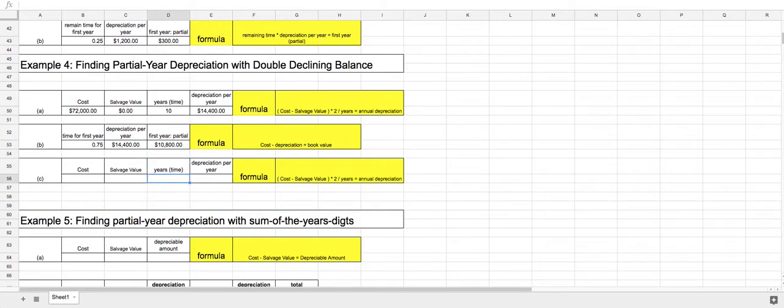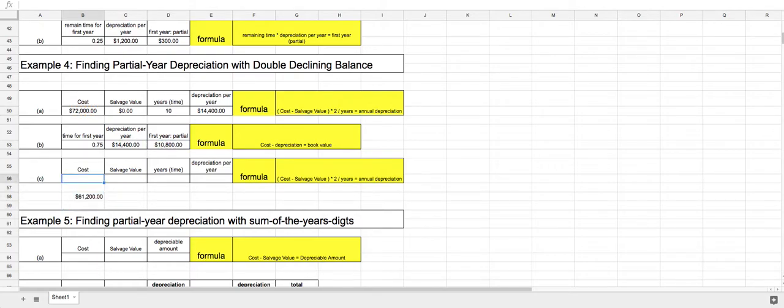$10,800. All right, what we're going to do next is take the $72,000, the salvage value, and the years to find the depreciation for the second year. Actually, the amount we're going to use for this one is cost minus the first year partial year depreciation.